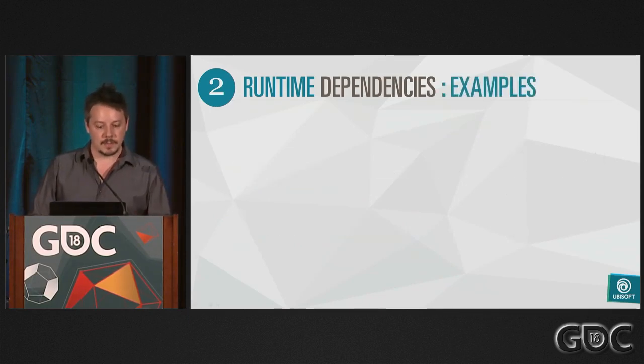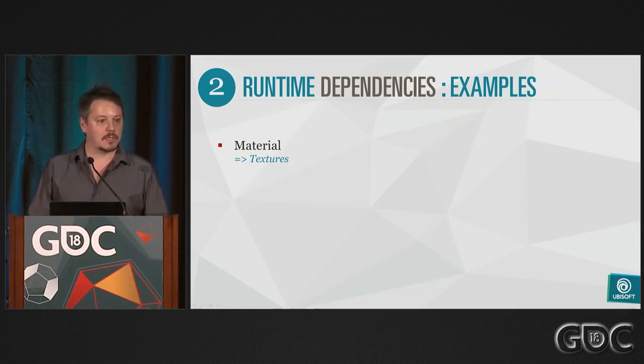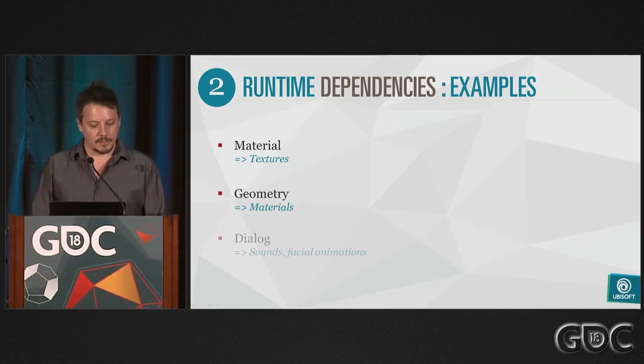whenever you want to use your asset. So for instance, a material may have some runtime dependencies over a texture. Your material file itself won't be affected by the texture, but when you want to use your material at runtime, you need those textures to be there and ready to be used. The same would go for a geometry that may have some dependencies over a material. The material doesn't affect the geometry itself, but will be required whenever you want to display this geometry in your engine.